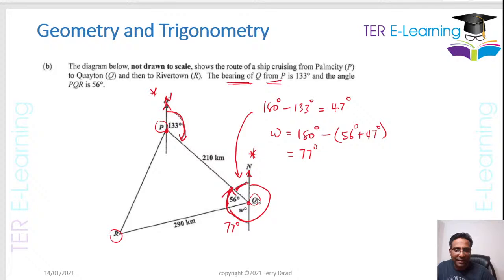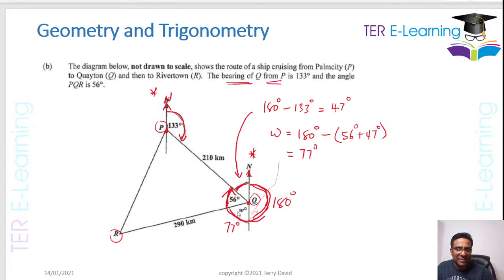So if you look at this diagram, now it's just about angles we're looking at. From this point here to this point, this part here is 180 degrees. So the bearing of P from Q is simply 180 plus W plus 56.